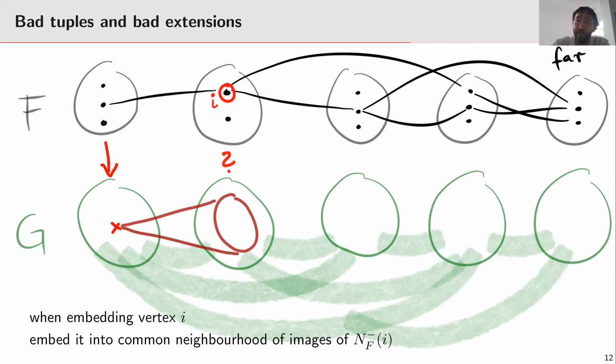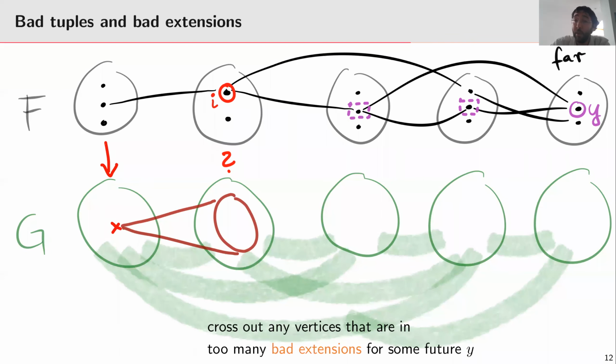What do I do when I put in vertex number I? I look far into the future and I say, here is a vertex far in the future. The picture shows it being kind of 3 steps away, but you should maybe imagine 1,000 steps. What I say is, when I put this vertex in, I don't want to mess up my ability to put this vertex in at a later stage. What does that mean? This vertex Y has 2 back neighbors here.